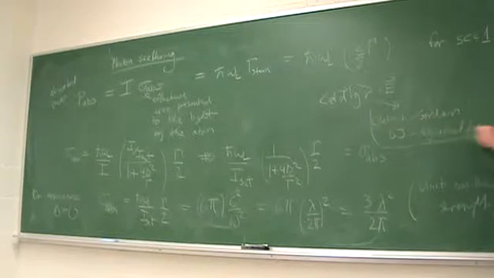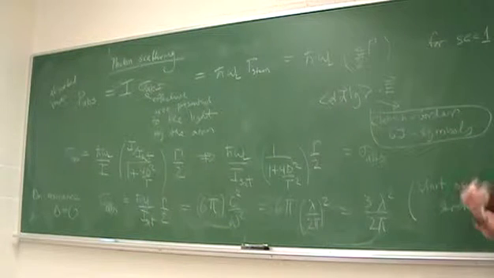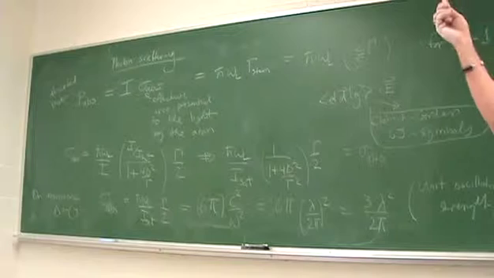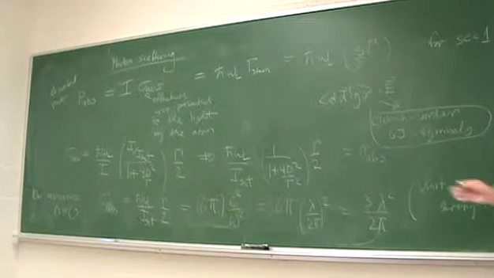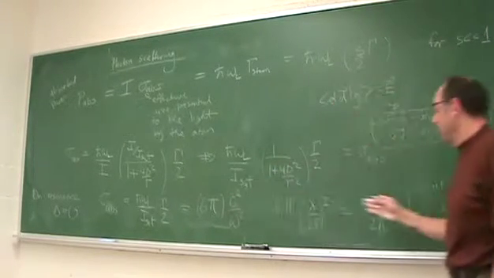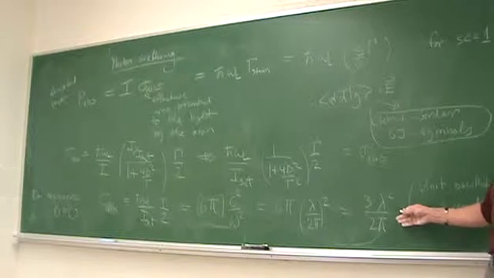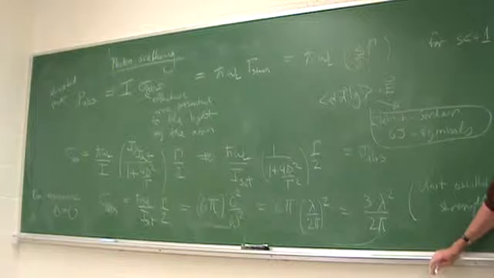So that ignores all the details about the particular two-level transition that I'm drawing. In general, the cross-section is going to depend on the oscillator strength. This is the problem for a unit oscillator strength.